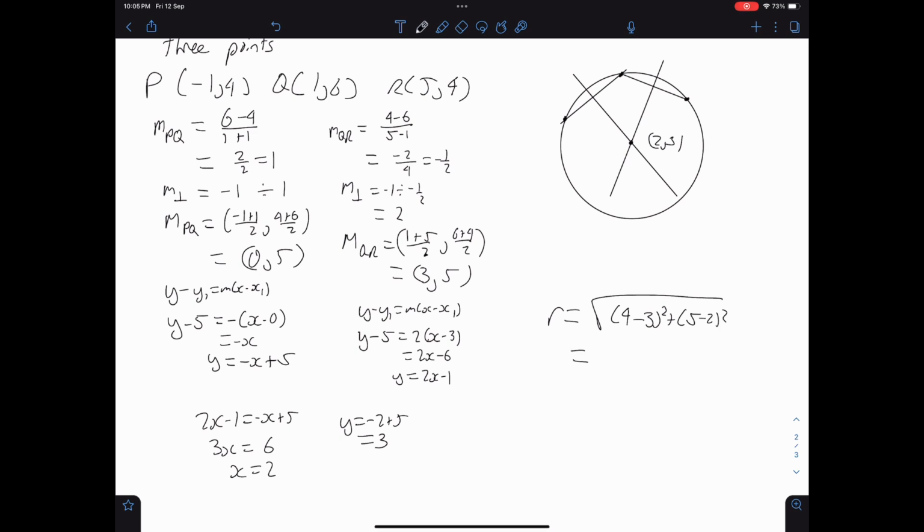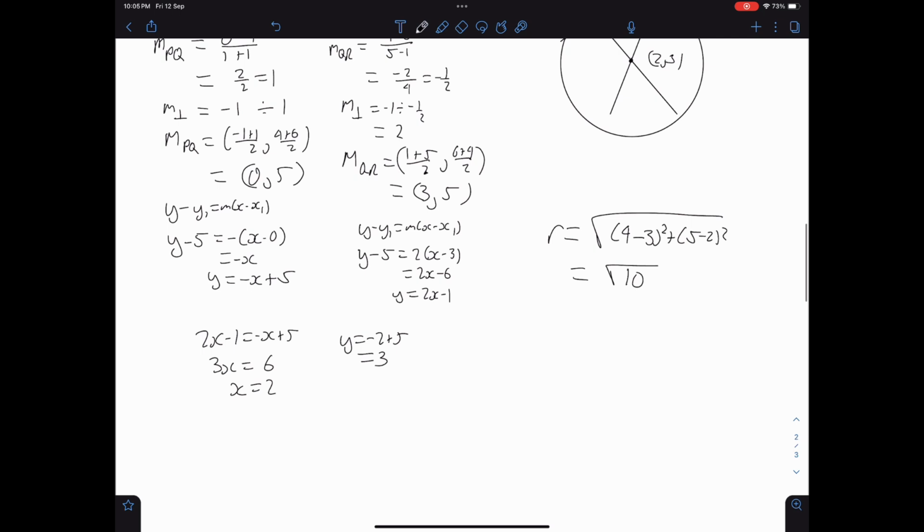That's 1 squared plus 3 squared, which is 10. So r is root 10. So then the equation is (x minus 2) squared plus (y minus 3) squared equals 10.